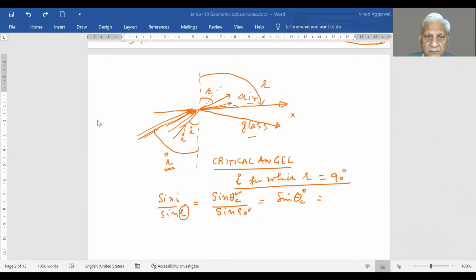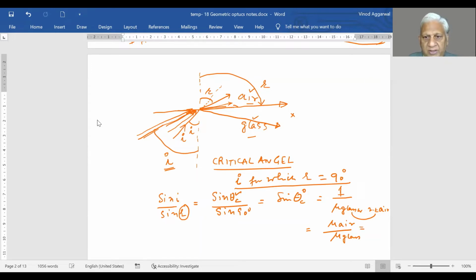Now we are taking a case of air and glass. So sin theta critical can be written as 1 over mu of glass with respect to air, or we can also write mu of air divided by mu of glass. When we do it with respect to this, we are making one entity as one, because we are saying with respect to.